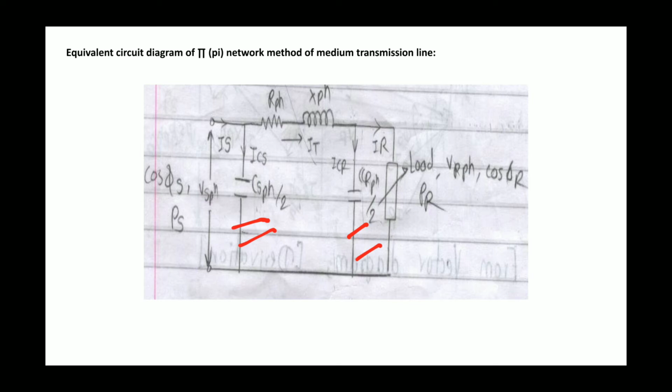The line resistance R and inductive reactance XL are shown between the capacitance locations, this one. Then this arrangement just looks like a pi shape, hence the name nominal pi method.